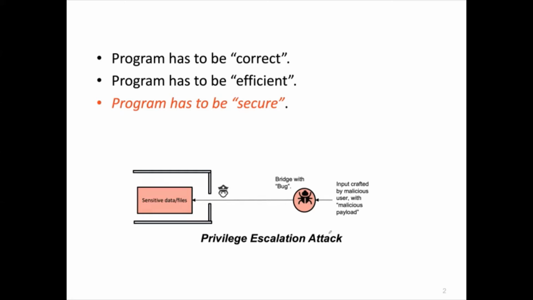Whatever operation or request issued by the bridge will be granted by the reference monitor. So if the bridge is buggy, contains bugs, potentially the user, the attacker, can access more than he's supposed to. And this we call a privilege escalation attack.